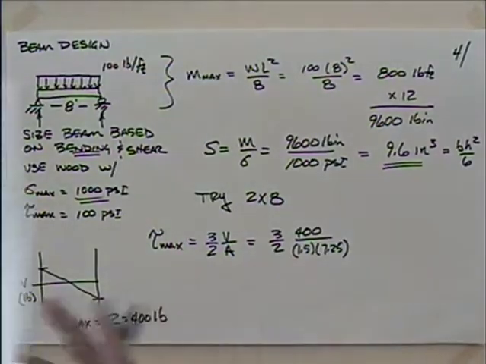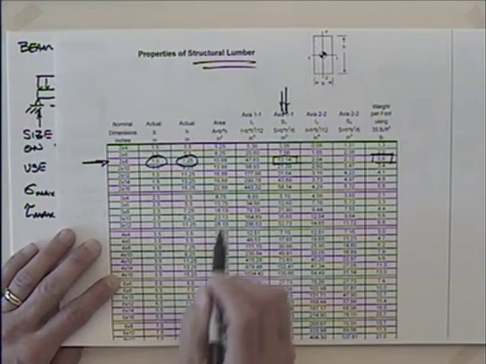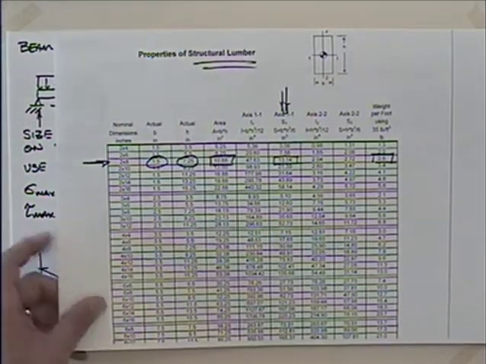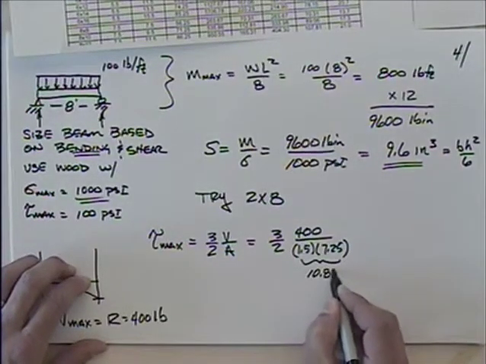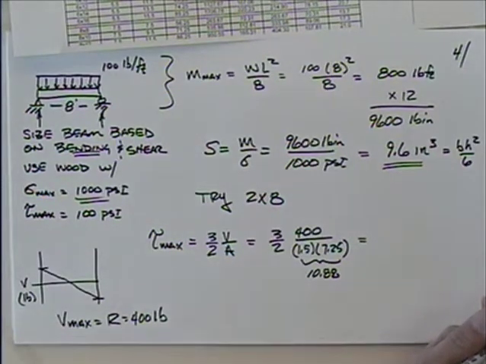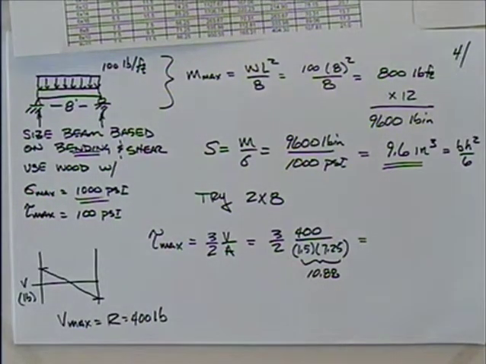I didn't make up those rules, but 2 by 8, 1.5, 7 1/4, or you could look right here, you got your area right there, 10.88. So you're going to divide by about 10, so we're going to have 40 times that. About 60 psi, something like that, roughly. I guess if we grab our calculator we can get a little better number.